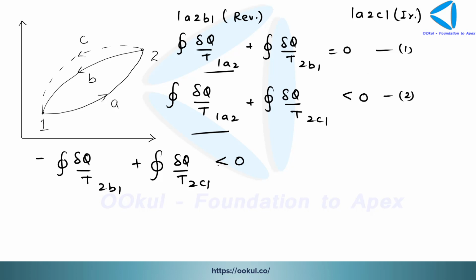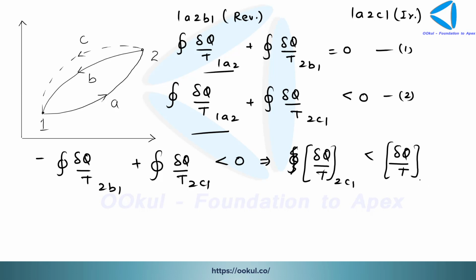Or rather we can write it in this form as well to make it more clear. The cyclic integral of delta Q by T along 2C1 will be less than delta Q by T along 2B1.